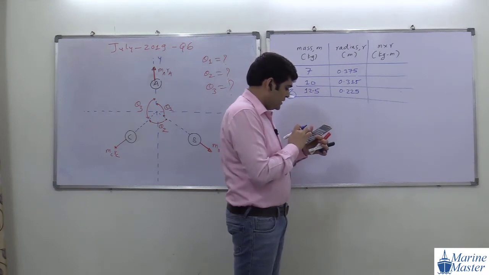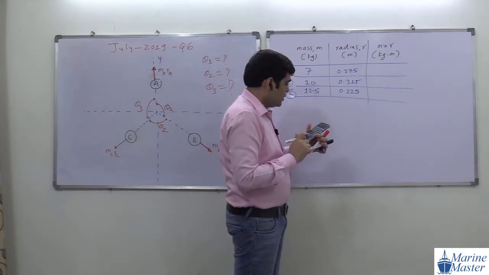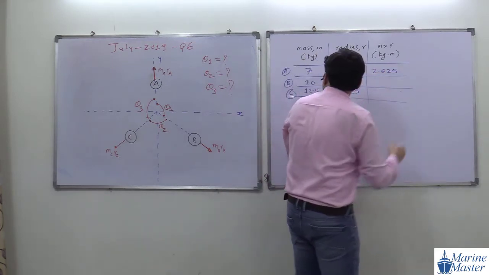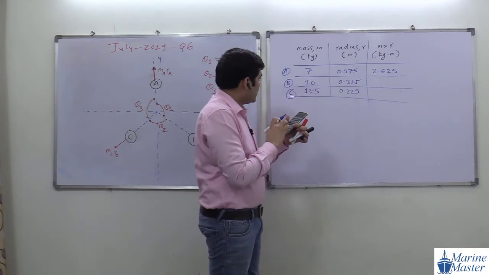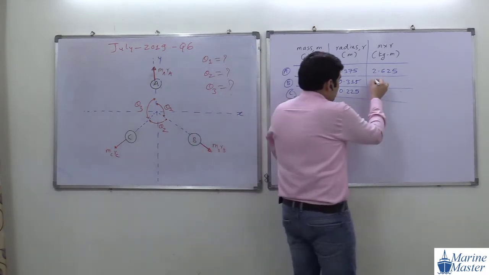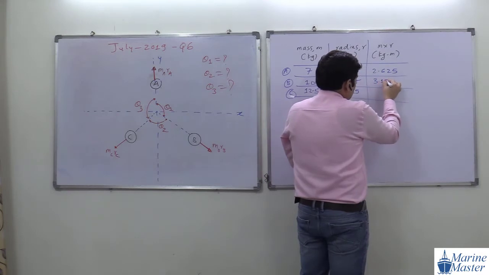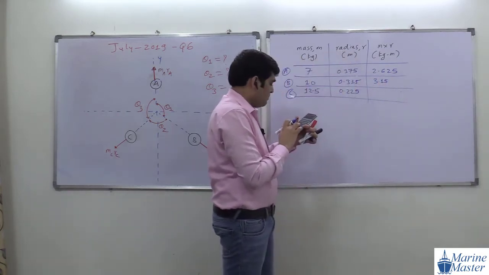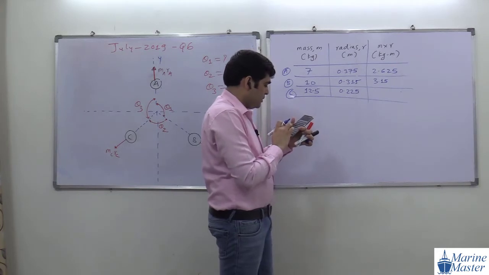7 into 0.375 is 2.625. Then 10 into 0.315 is 3.15, and then 12.5 multiplied by 0.225.